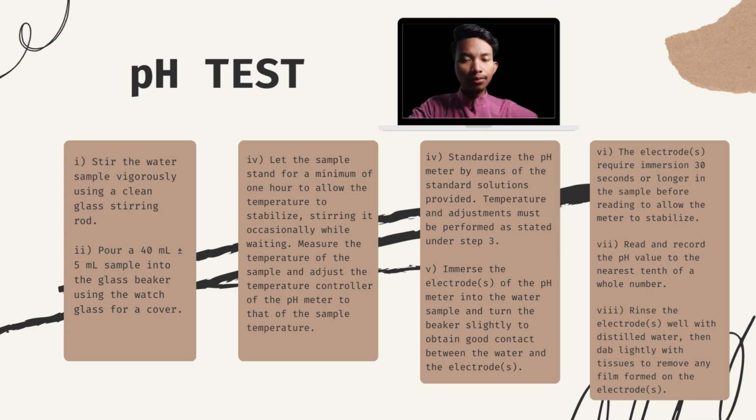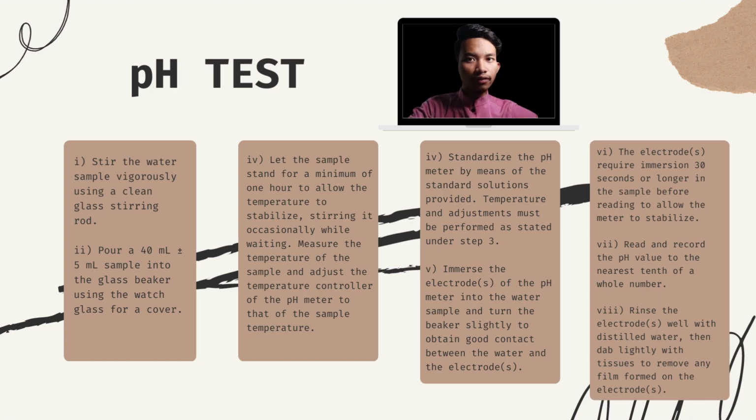Firstly, stir the water sample vigorously using a clean glass stirring rod. Then, pour a 40 ± 5 ml sample into the glass beaker using the watch glass for a cover. Then, let the sample stand for a minimum of 1 hour to allow the temperature to stabilize, stirring it occasionally while waiting.